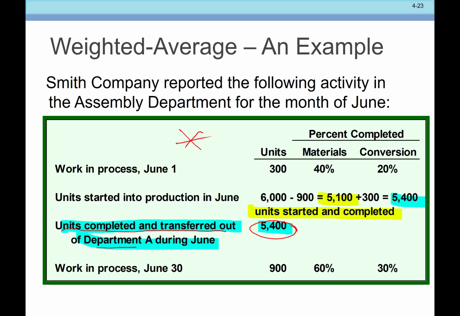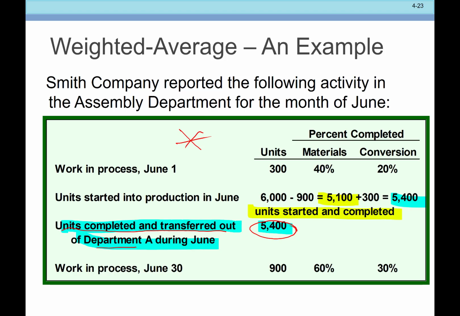So remember, we talked about that we have to account for the units that were transferred out and then the equivalent units in ending work in process. We said that under the equivalent units of production method, we don't worry about units that were already in progress at the beginning of the period. We just assume that all of that work was done this period, okay?